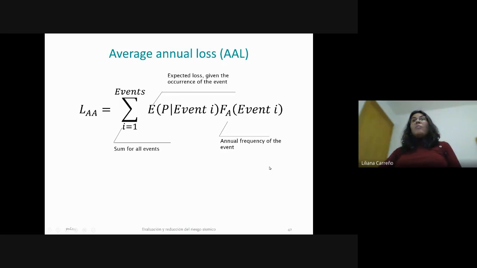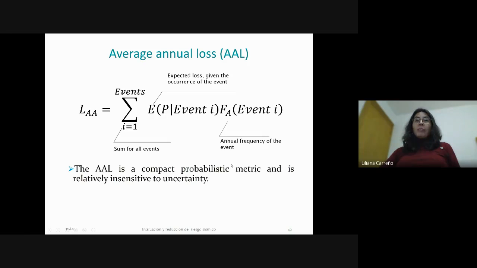This can be calculated on the basis of our events as the sum for all events of the expected loss given the occurrence of an event, multiplied by the annual frequency of the event.